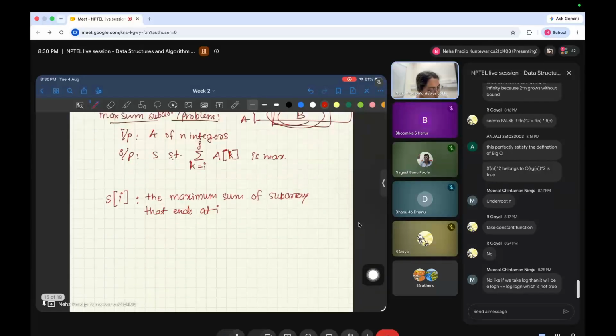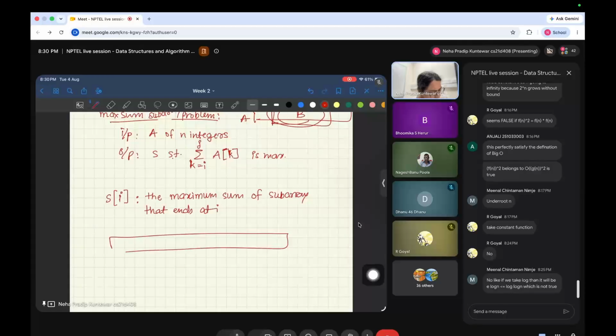So for example, if this is your array A and these are the entries, -2, 5, 6, -10, and so on. Let me not write all of them.